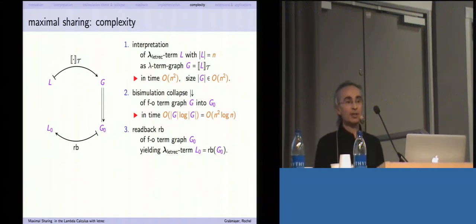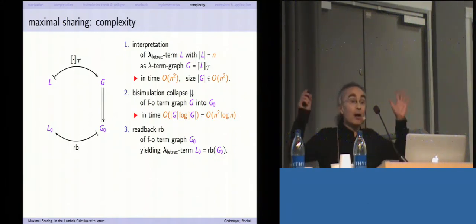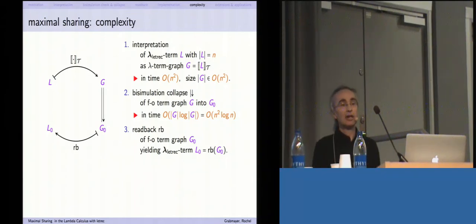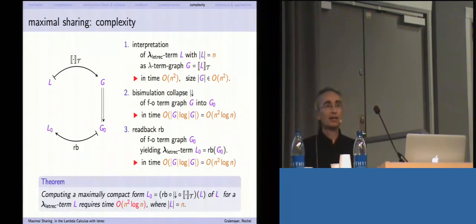Bisimulation collapse is possible in time m log m as state minimization of DFAs, which here leads to a complexity of n squared log n in the size of the original lambda letrec term. The same holds for readback, which together gives us as a result that computing a maximally compact form of a lambda letrec term is possible in time n squared log n, where n is the size of the original term.